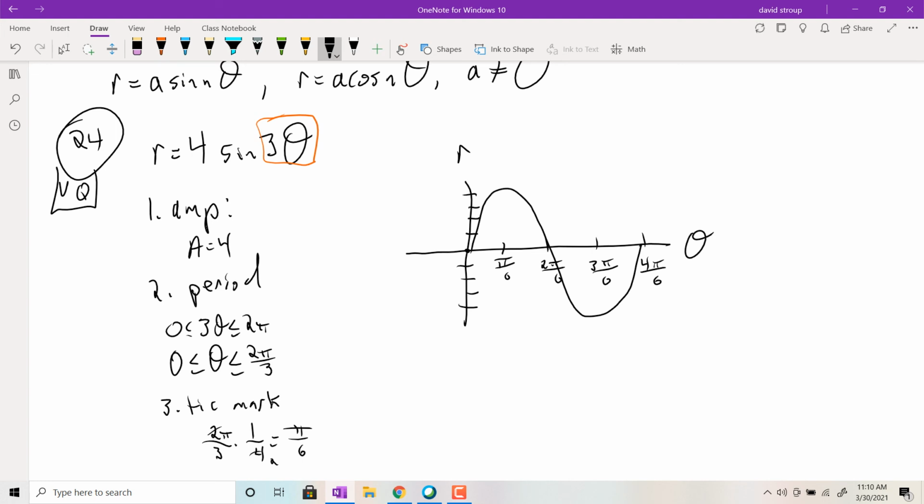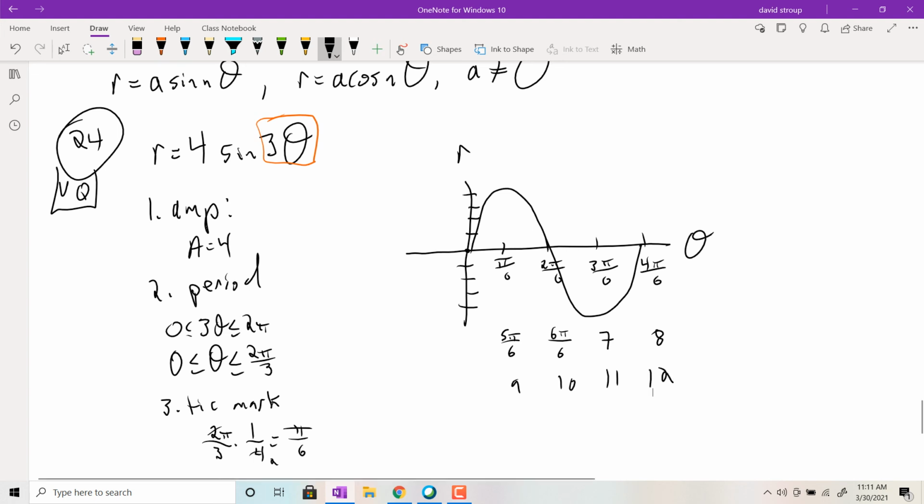So rather than drawing it over and over a bunch of times, what I'm going to do is cheat a little and just say, all right, this will be 5 pi over 6 here. This will be 6 pi over 6, etc. Okay, and then instead of writing 7 pi over 6, if you allow me to, I'm just going to write 7, 8 pi over 6, 9 pi over 6, 10 pi over 6, 11 pi over 6, 12 pi over 6.